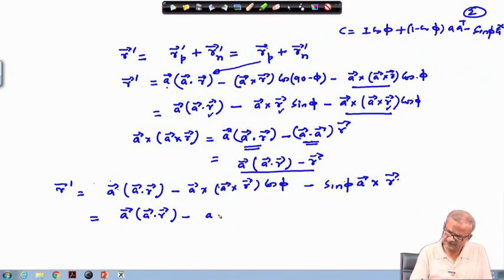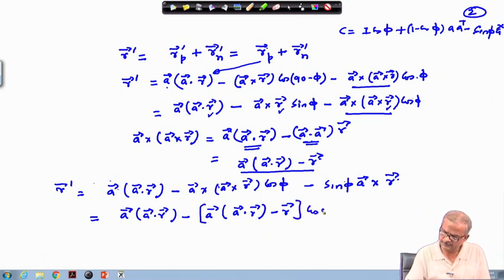So, A dot r and plus this minus r times this cos phi.